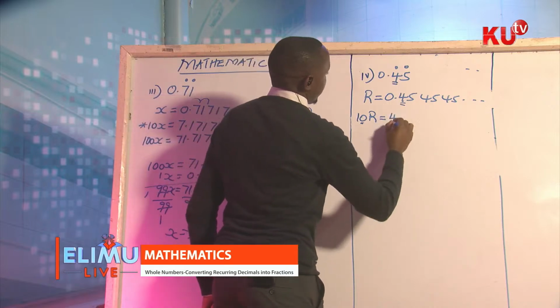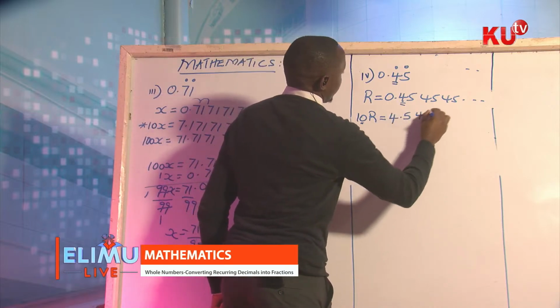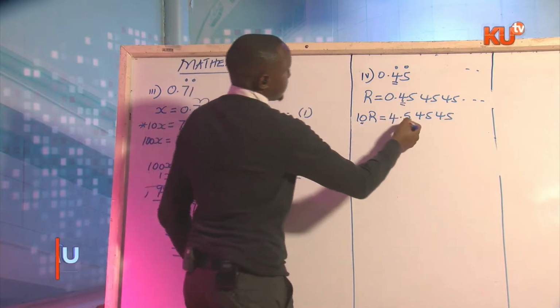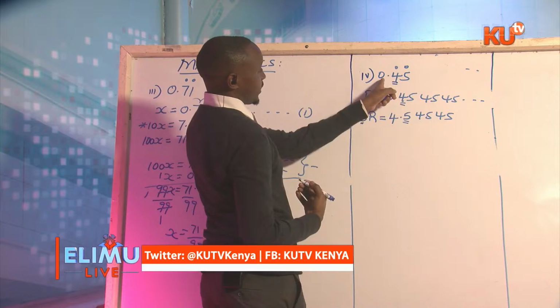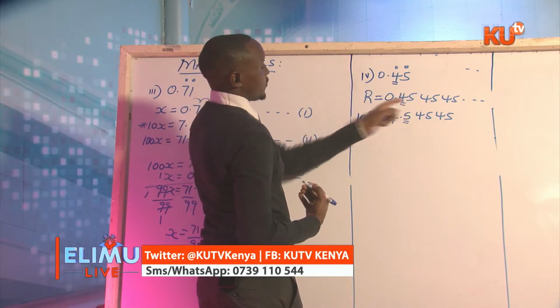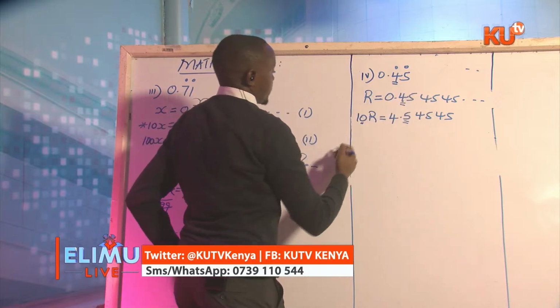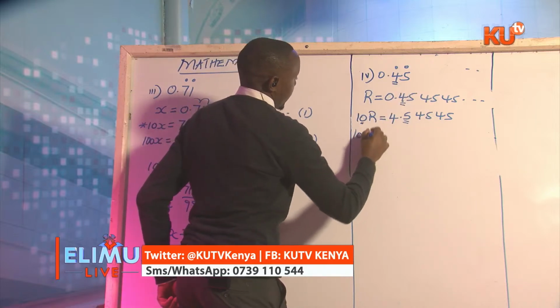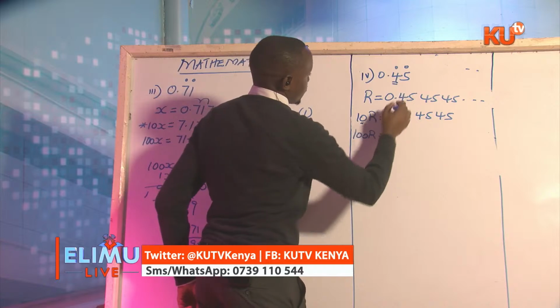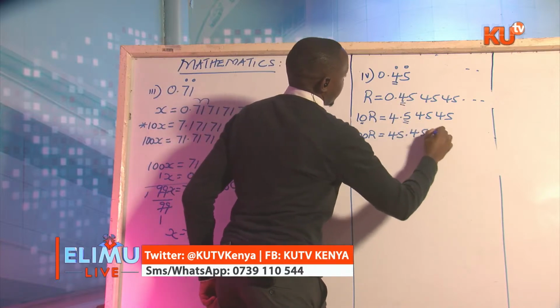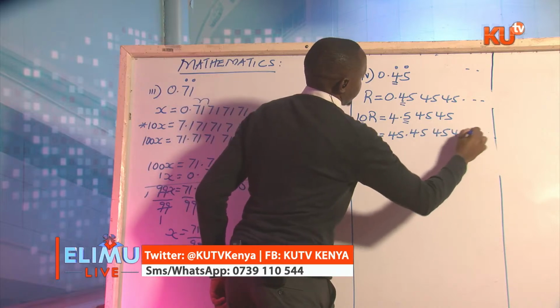So that becomes 4.54545. And you see now, our tenths digit is 5, and in the original, our tenths digit is 4. So we need to move until we reach where the recurring decimal is starting. So we shall multiply by 100, which gives 45.454545, and so on.